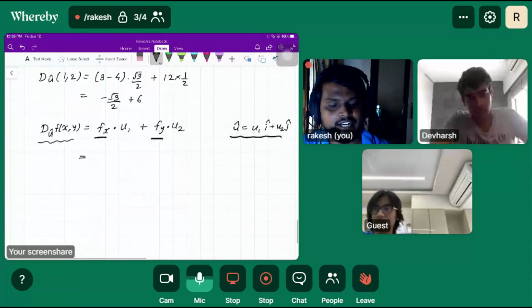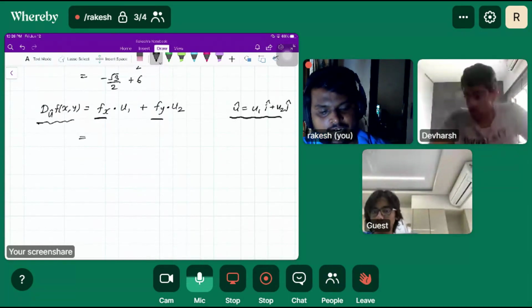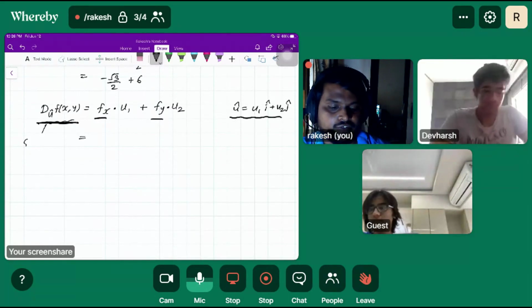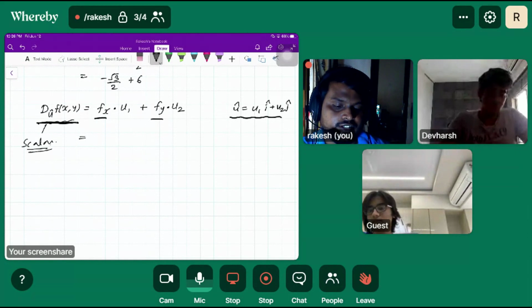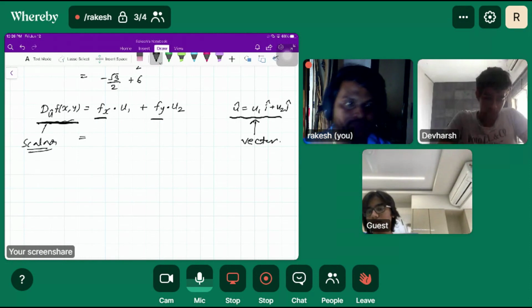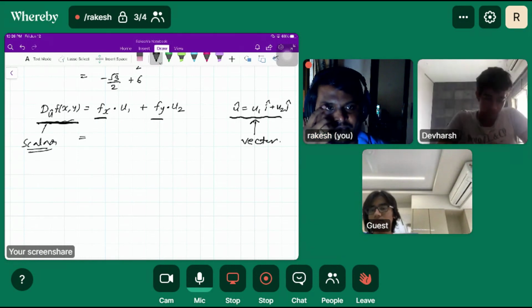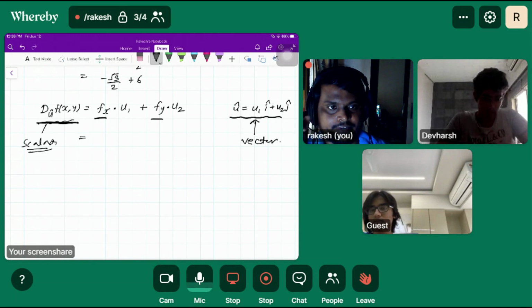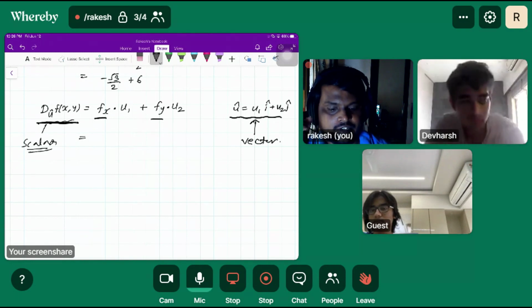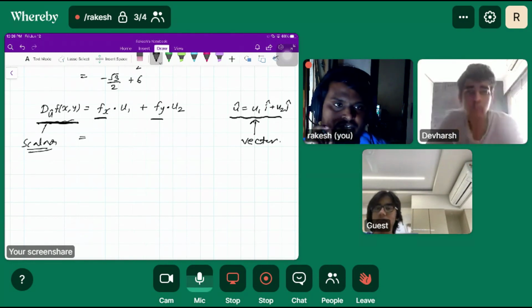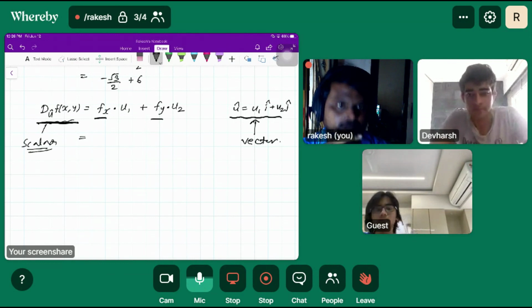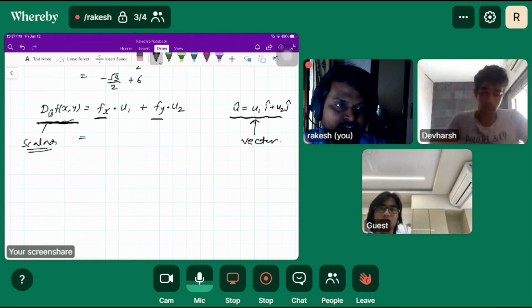So fx and fy, this part is a scalar quantity. And this part is a vector quantity. Please understand this properly. The final product is a scalar quantity and the unit vector is a vector quantity. So when is that possible?